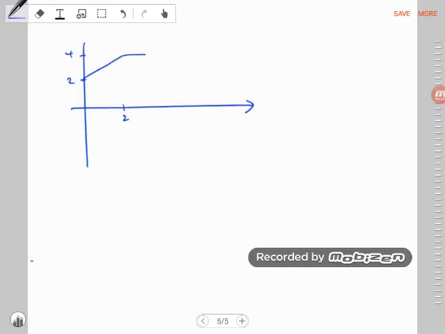Then we've got a flat bit up to 4 seconds, and then to 7 seconds we go down, crossing at 6, and end up at -2 here.